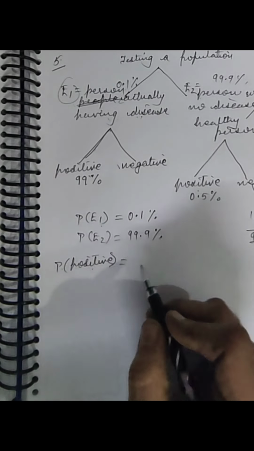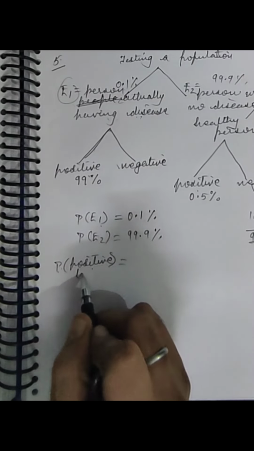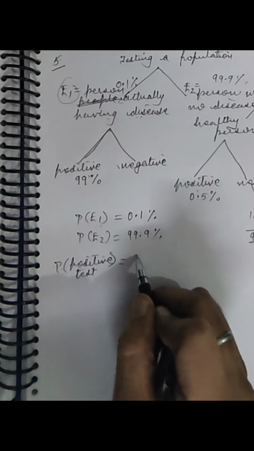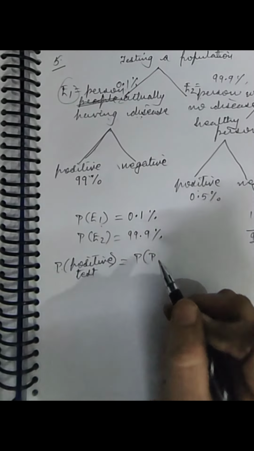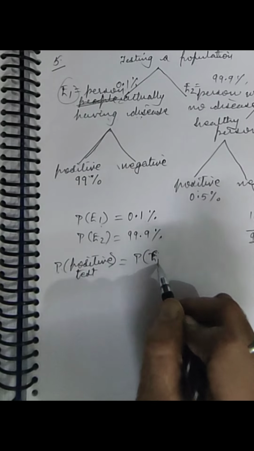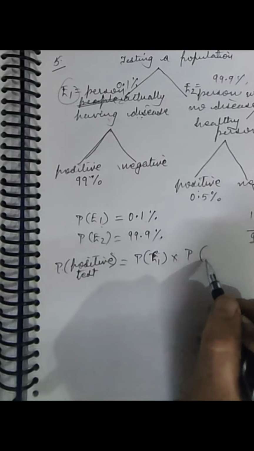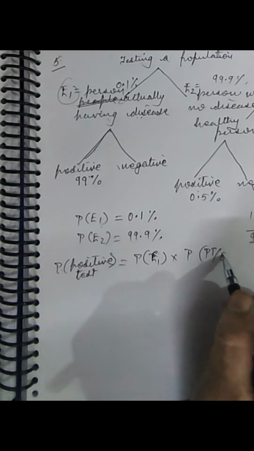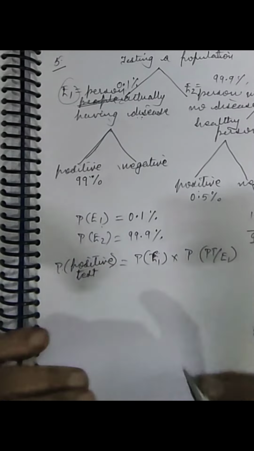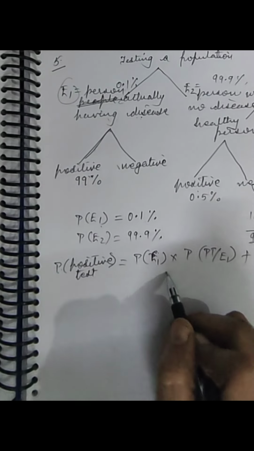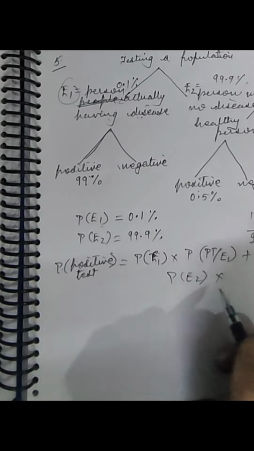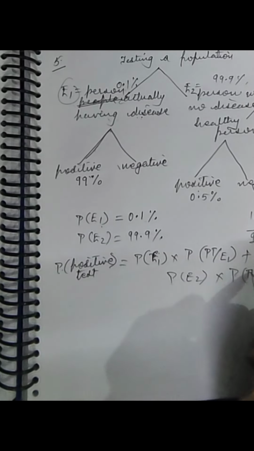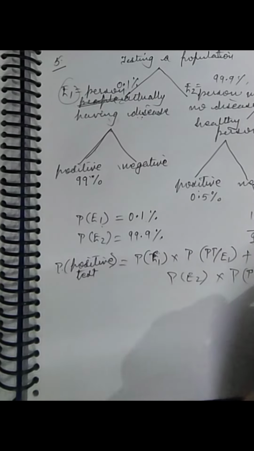Test will be positive. So we will write here probability of positive test. First of all, E1 into probability of positive test in the case of E1, means when E1 occurs. Plus probability of E2 into probability of positive test in the case when E2 occurs.